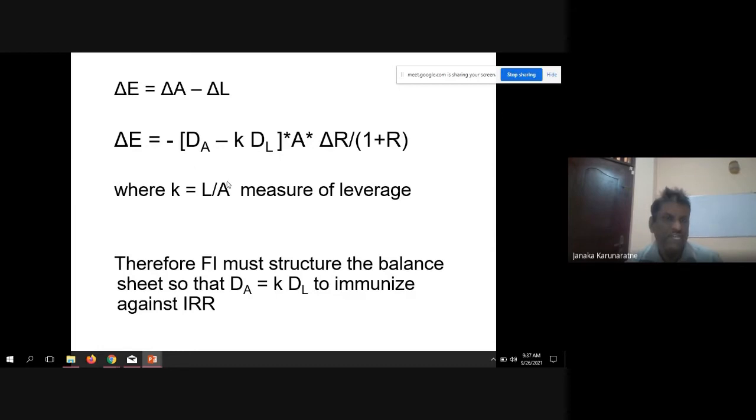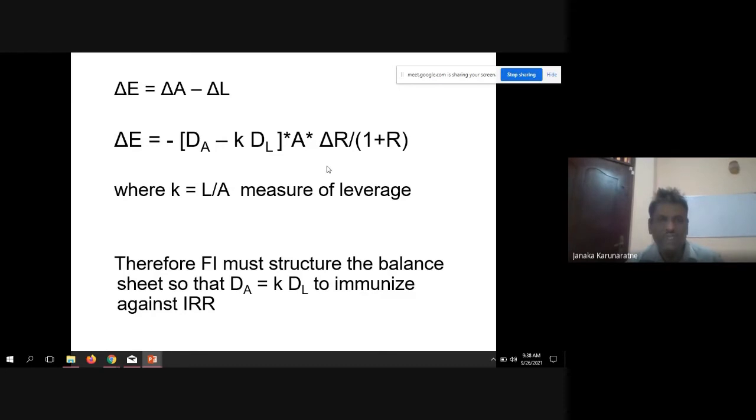Now, if you want to assess the impact on your equity as a result of interest rate changes, simply you can use this formula. This is the formula we are going to use throughout this program, right?